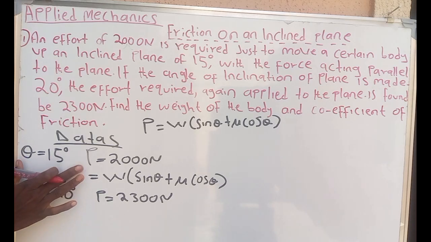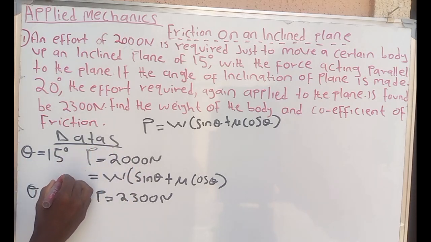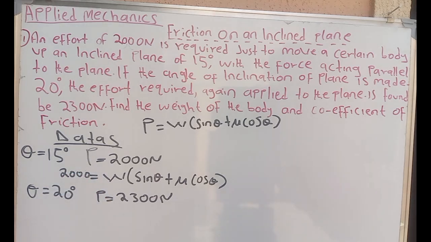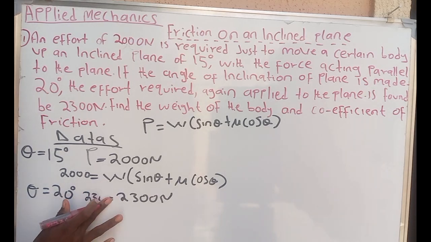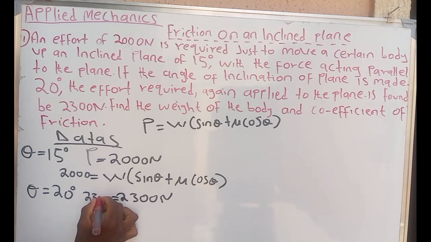For the first case the value of P is 2000, and here the value of the effort is 2300. So we have figured out our data.